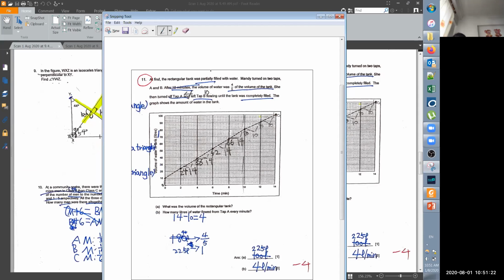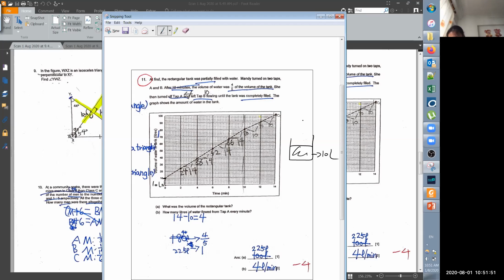So it says what? At first, the rectangular tank was partially filled with water. 它本来就有水了，是多少？10。And in the tank, 10 liter starting, already 10 liter inside. OK，然后 Mandy turn on 2 tap，2个水龙头 A and B. After 10 minutes, the volume of water was 4/5 of the water volume of the tank.